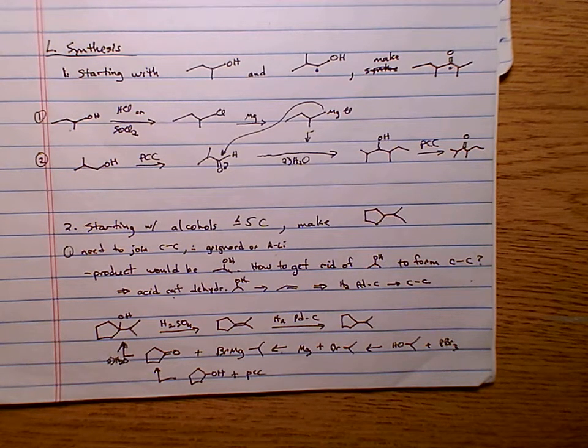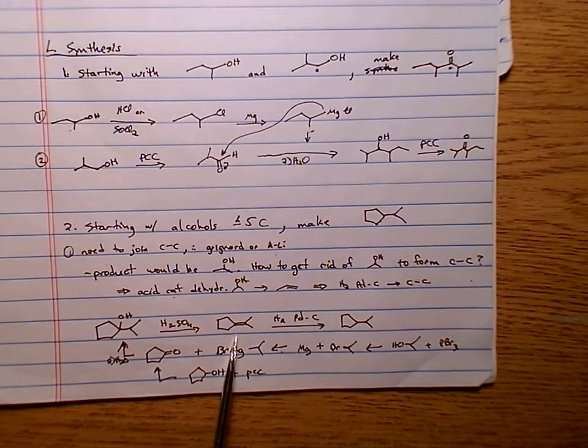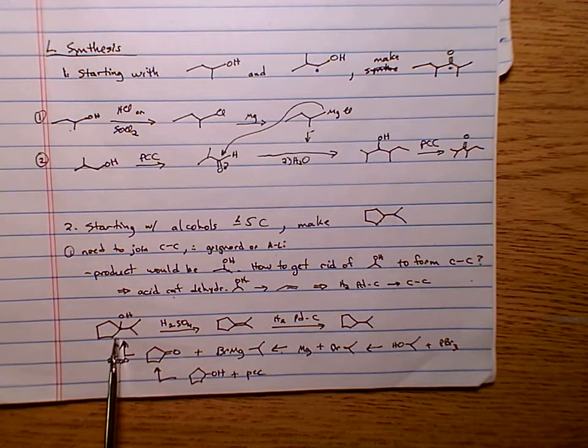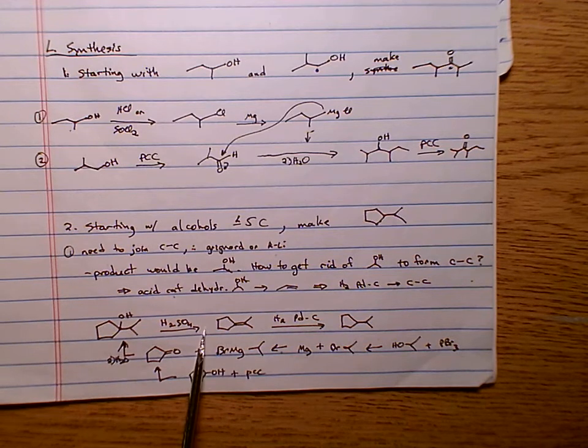Yeah. Synthesis takes time. I'm sure at this point you're not quite seeing everything. Note synthesis is kind of nasty. You have to remember all of your organic 1 reactions so that you can apply them to do the organic 2 stuff. Note that we learned about this step, reduction, in organic 1. We learned about this step, acid catalyzed dehydration of an alcohol to form an alkene, in organic 1.